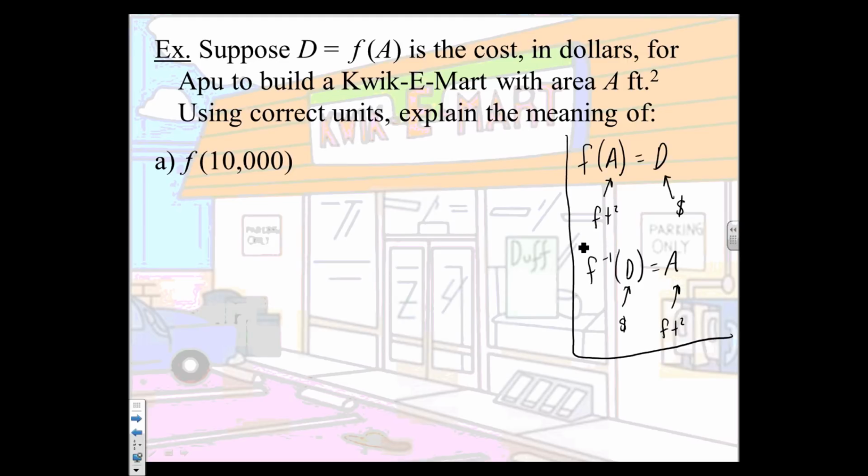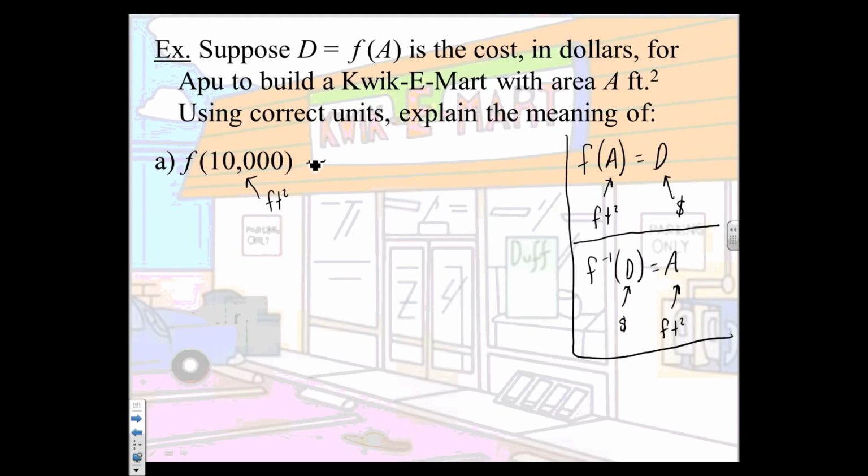So something to consider as we're going through this. This 10,000, we have to decide, is this $10,000? Is this 10,000 square feet? Notice that it's a number that's plugged into the original function. Well, the original function, we're plugging in A. We're plugging in square feet.